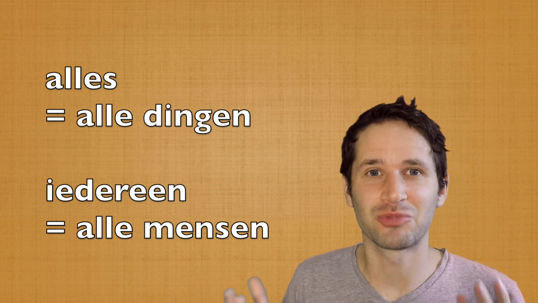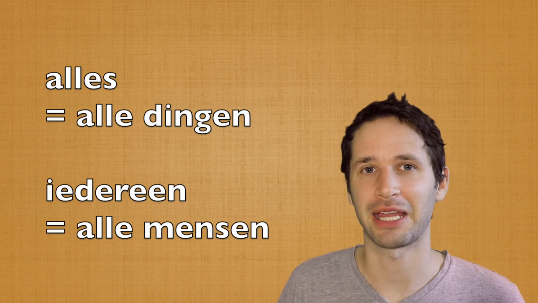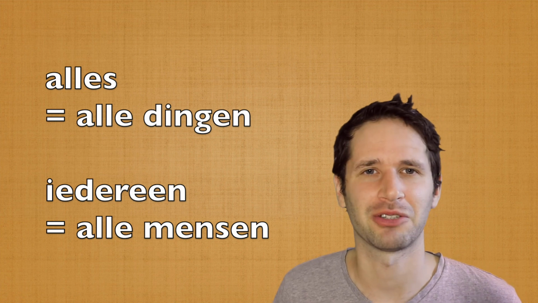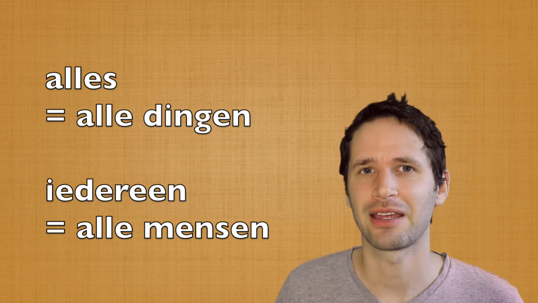For example, all of them came, everyone came, then you can simply use iedereen. But you can also make it more complicated. And now we're going to take a look at the all when it stands not just in front of the noun, and we're also going to take a look at all of them.